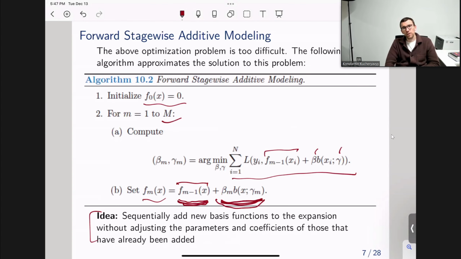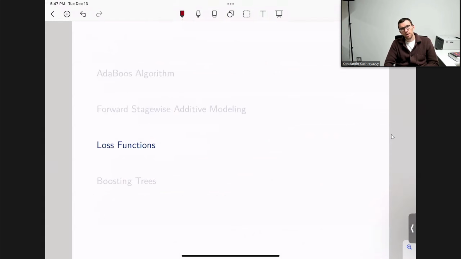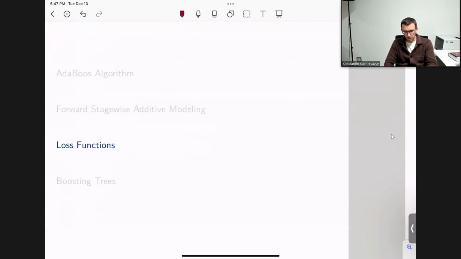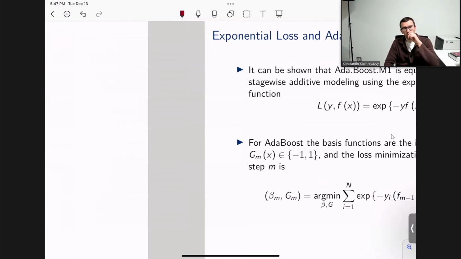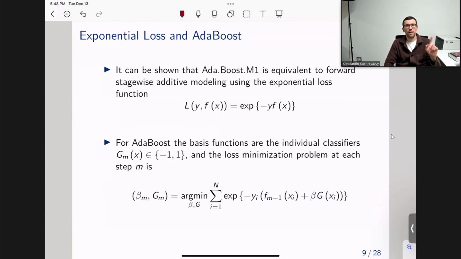So now we are going to talk about loss functions that are used in AdaBoost, and how AdaBoost arises by the choice of the right loss function.